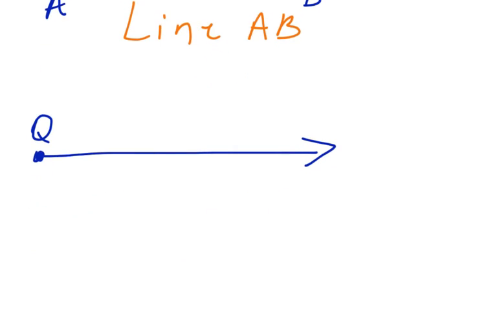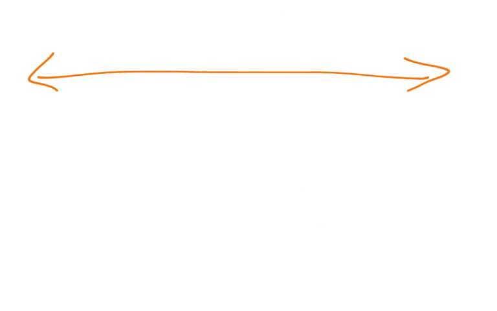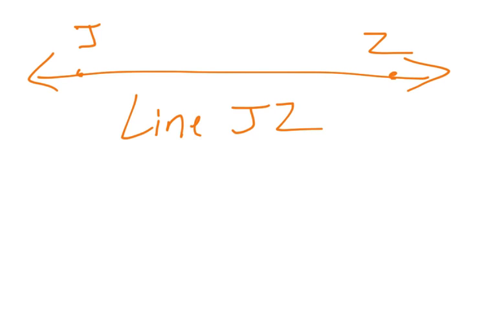Or if we have this one, where we have a Q right here, it doesn't have anything on the other end of it, so this will be line Q. Or if we have a line like this, and we have a point here and a point here, and we name this JZ, this would be line JZ.